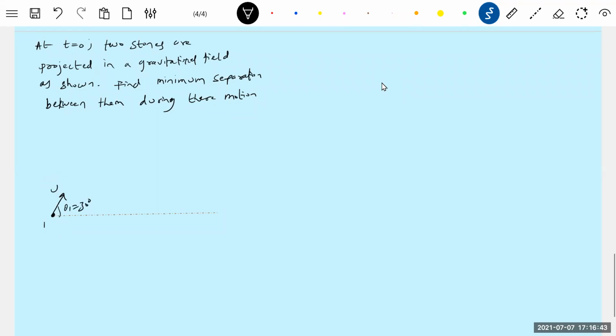So this is U1. I'll do one thing, I'll write only symbols. This will be 45 degrees.